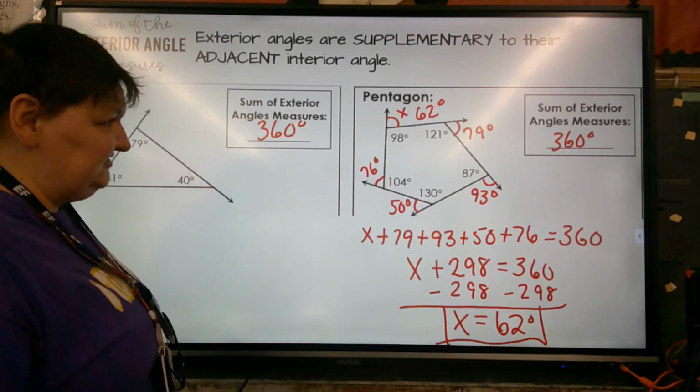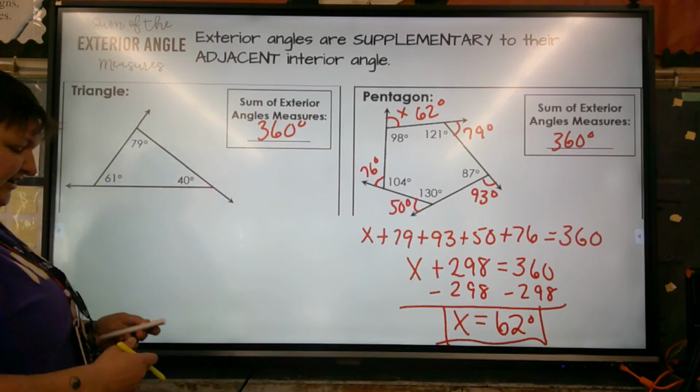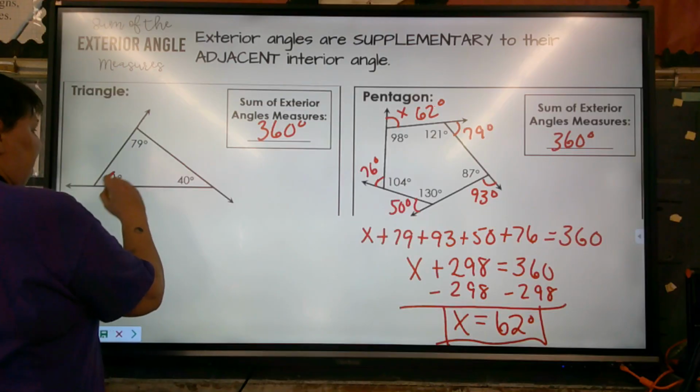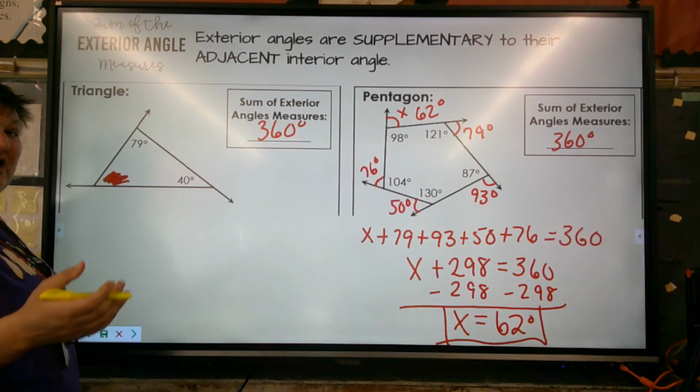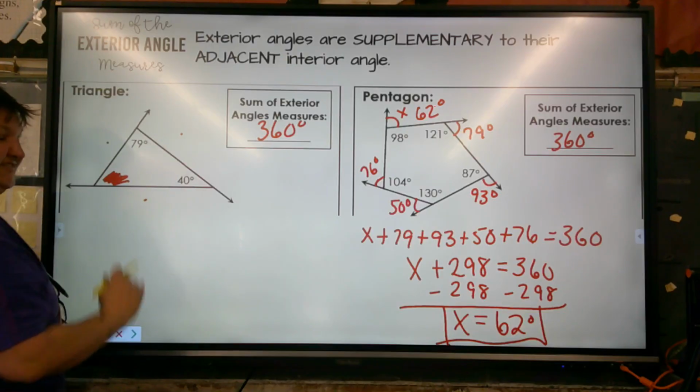Right? What about on the inside? What if they didn't give us this one on the inside? We can figure out what it should equal based on the number of sides. 1, 2, 3 sides.